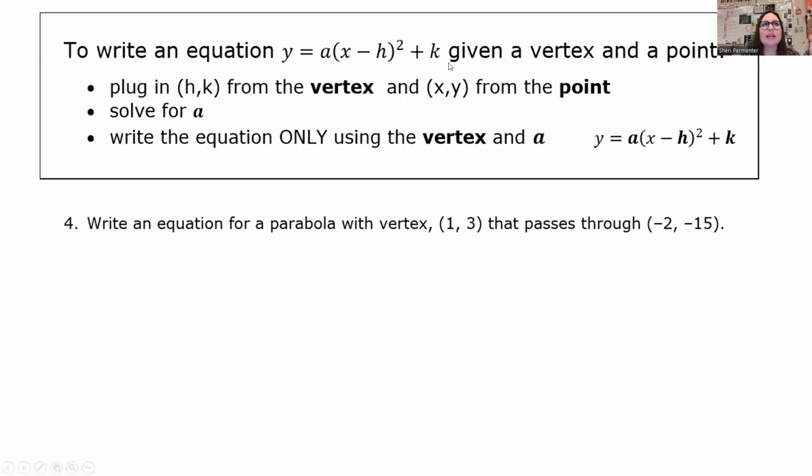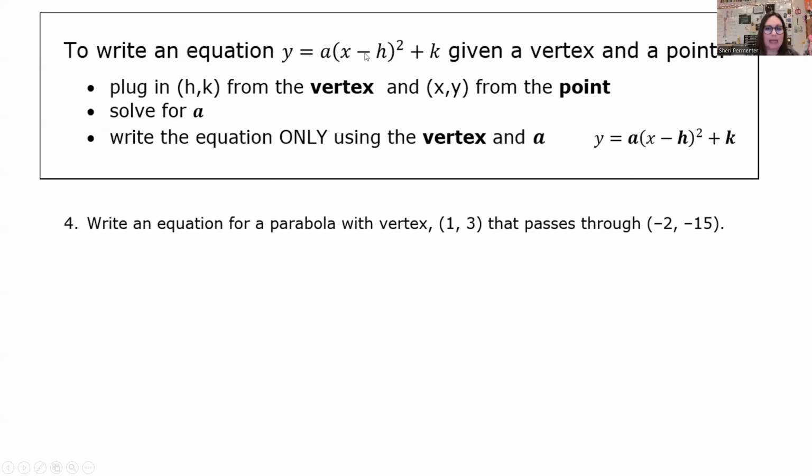All right, to write an equation in this form, given a vertex and a point. You have several questions like this on the front side of your homework, 4 questions. Here's how to do it. It tells you step by step. First we're going to plug in H and K and X and Y. Look at this formula.